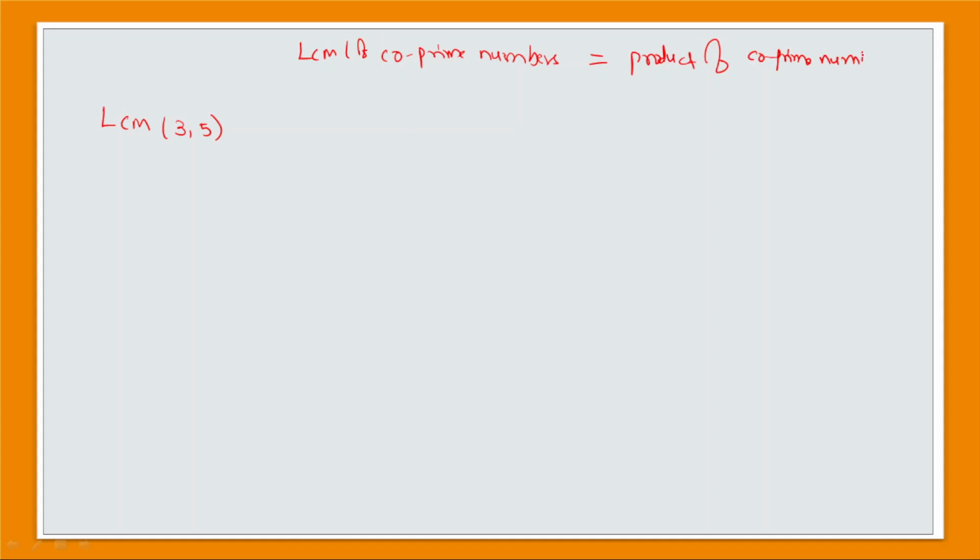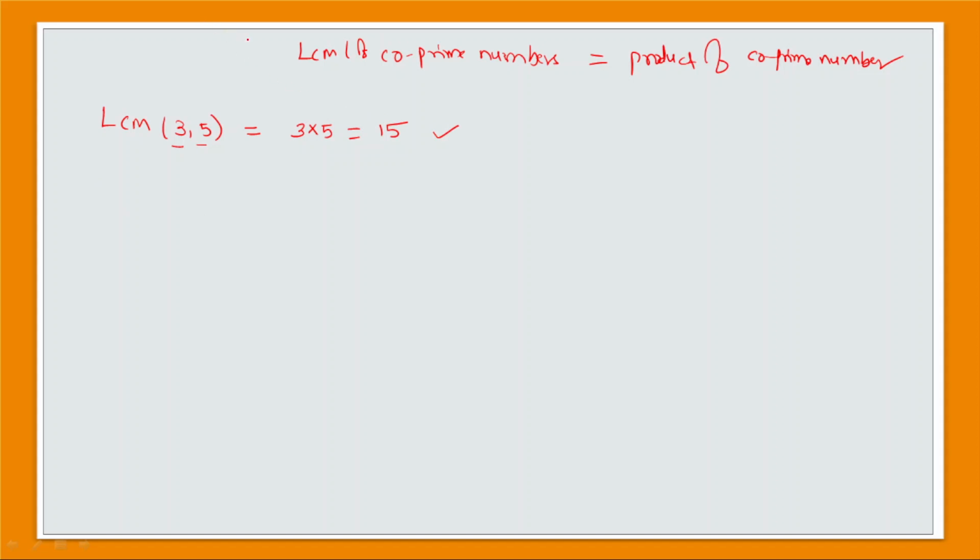Here 3 comma 5 are prime numbers and there is only one common factor in those two numbers. So simply the LCM will be the product of the two numbers, that is 3 into 5, which equals 15. I hope you are clear on this point.